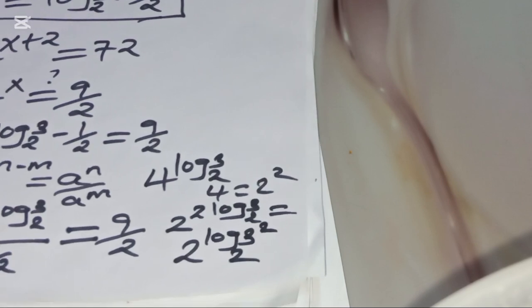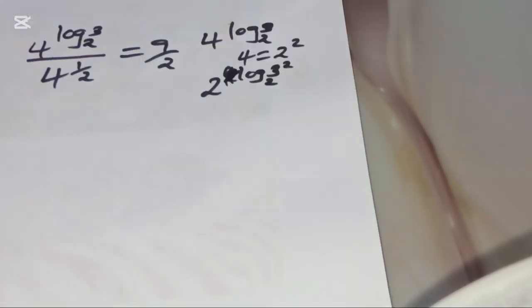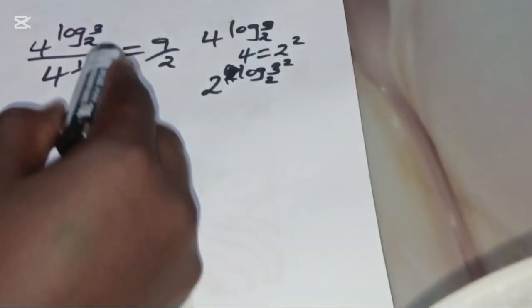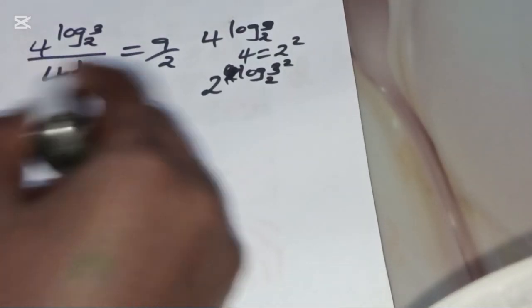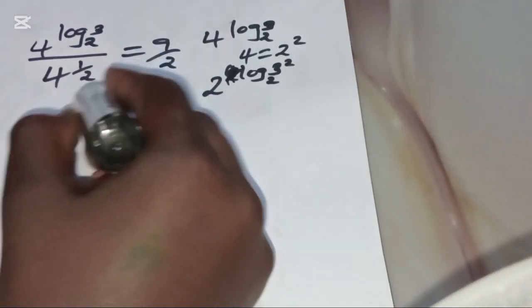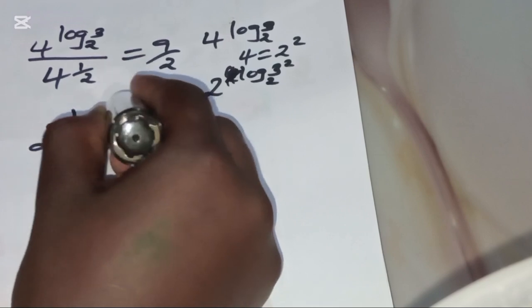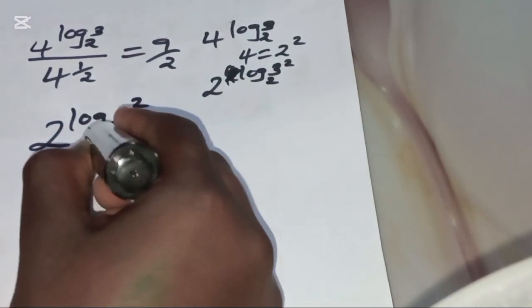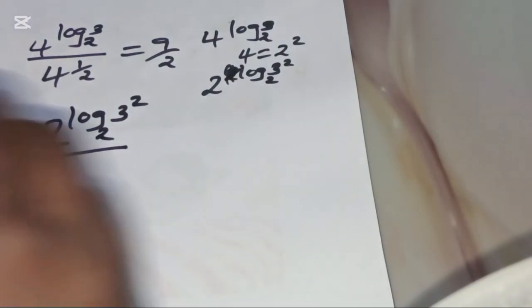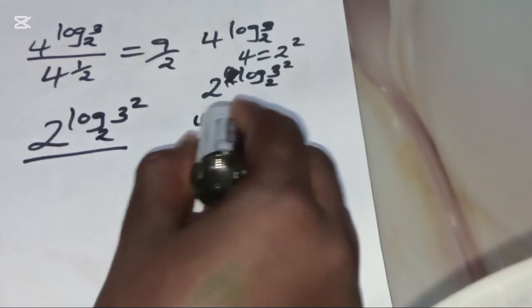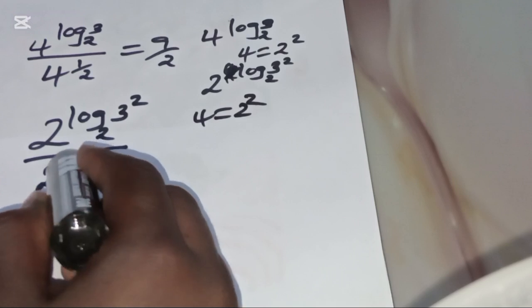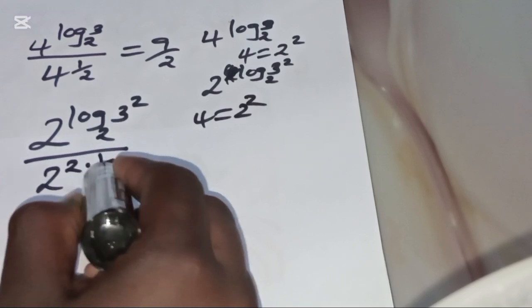Substituting this back into the equation, we'll have 2 to power log 3 to power 2 to base 2 divided by 4 to power half. We see that 4 can be expressed as 2 to power 2, so this is the same thing as 2 to power 2 multiplied by a half.